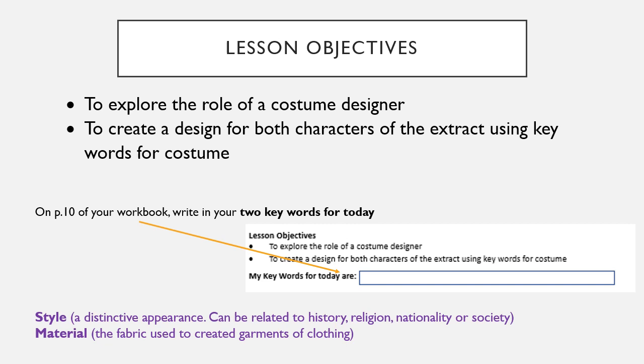Religion, people wear different clothing based on their religion. So if the character has a religion, then we would need to consider that. Nationality, so depending on where they live in the world, that might determine what kind of costume they would wear. We all wear costumes every day and we do that depending on where we are in the world. So that can have an impact.